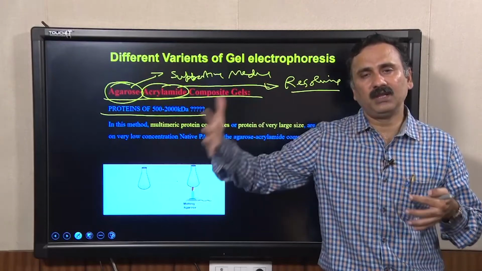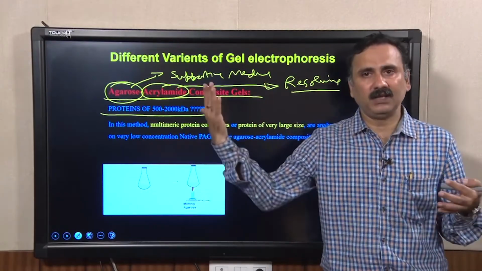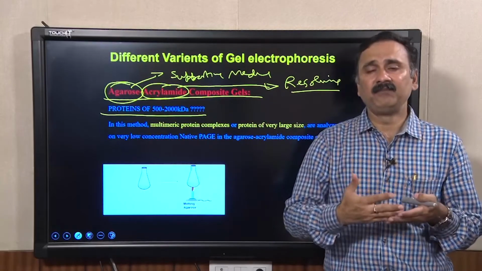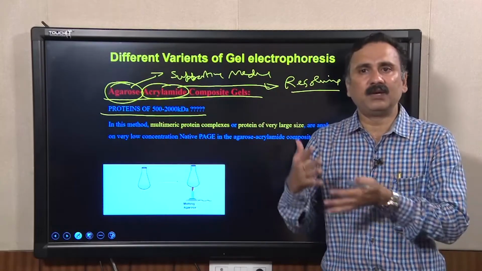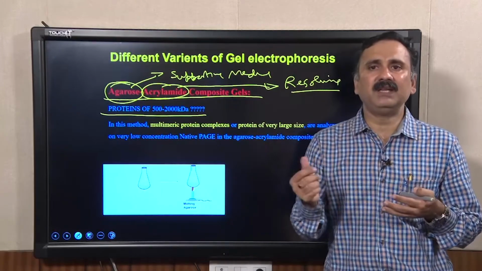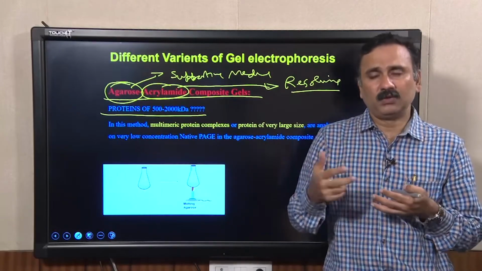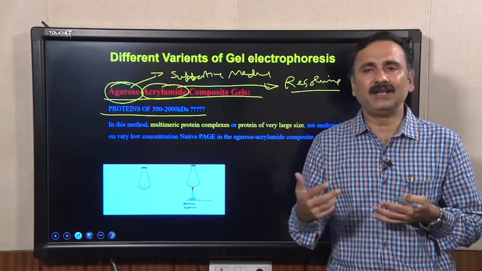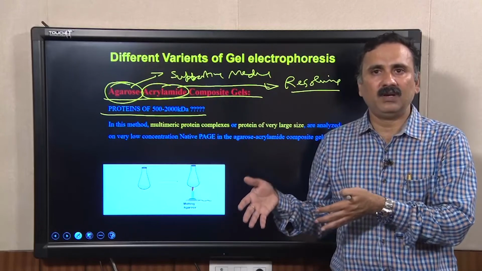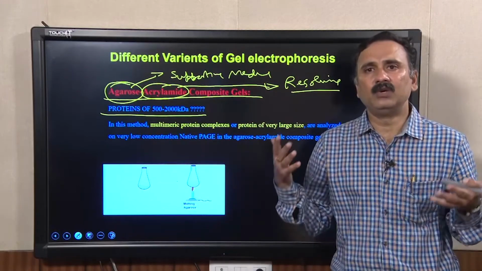The agarose is used for providing solid support so that you will be able to manipulate these gels, because if you use 3% or 4% acrylamide gels, they will be very flimsy and you cannot handle them, because before you stain them with Coomassie blue, they will break into pieces.